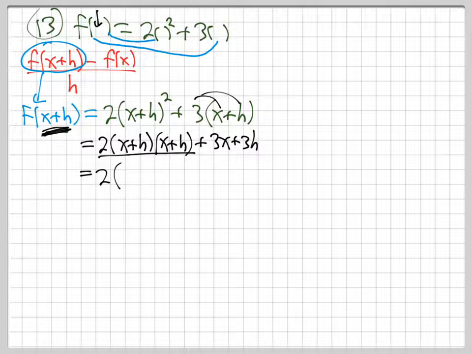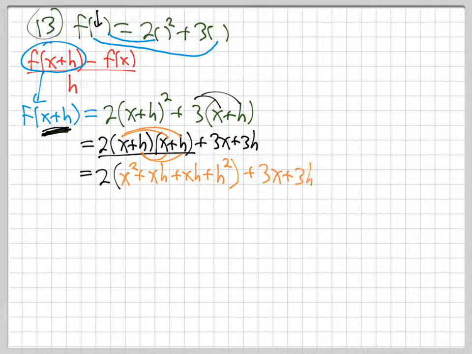Remember that whole thing? So I'll take this first x to both: x squared plus xh, and then the h to both: plus xh plus h squared, plus 3x plus 3h.